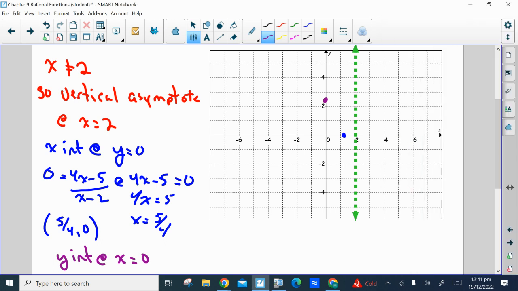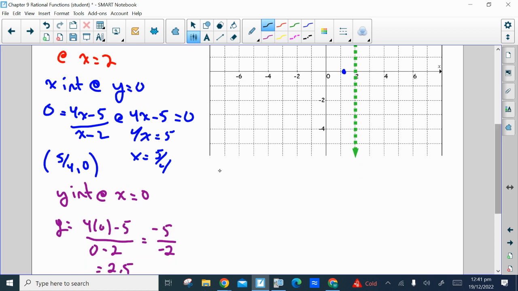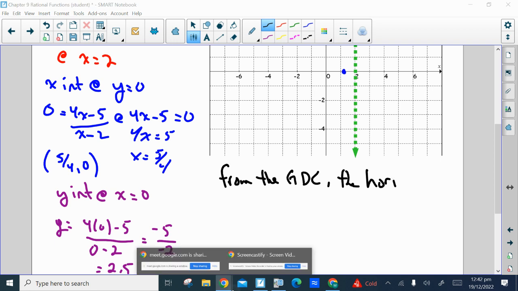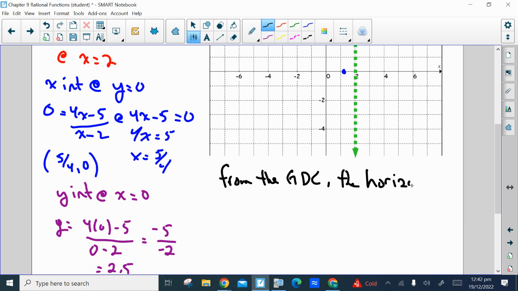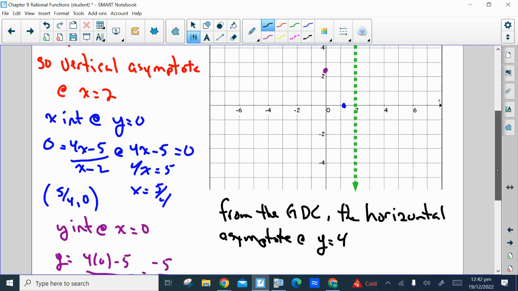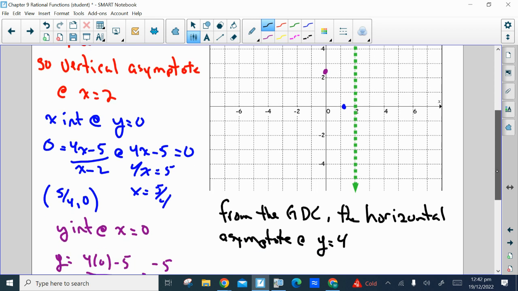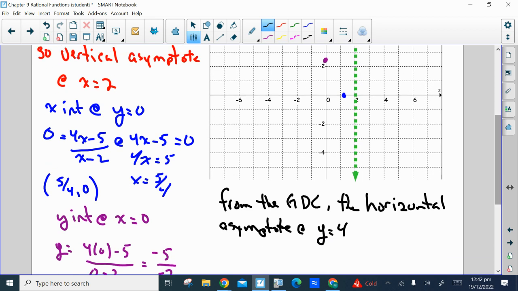So, from the graphing calculator, remember the GDC, graphic display calculator, the horizontal asymptote is at y equals positive 4. That's our horizontal asymptote.